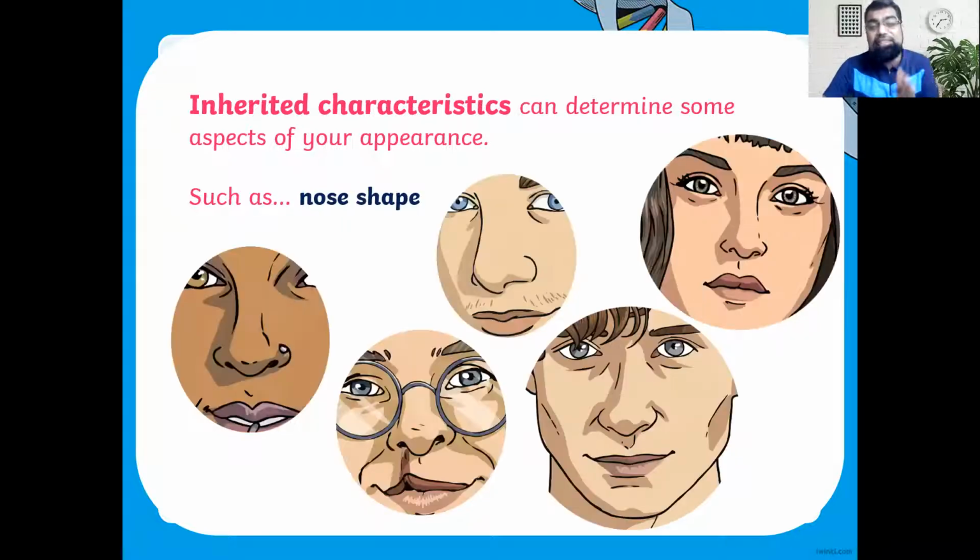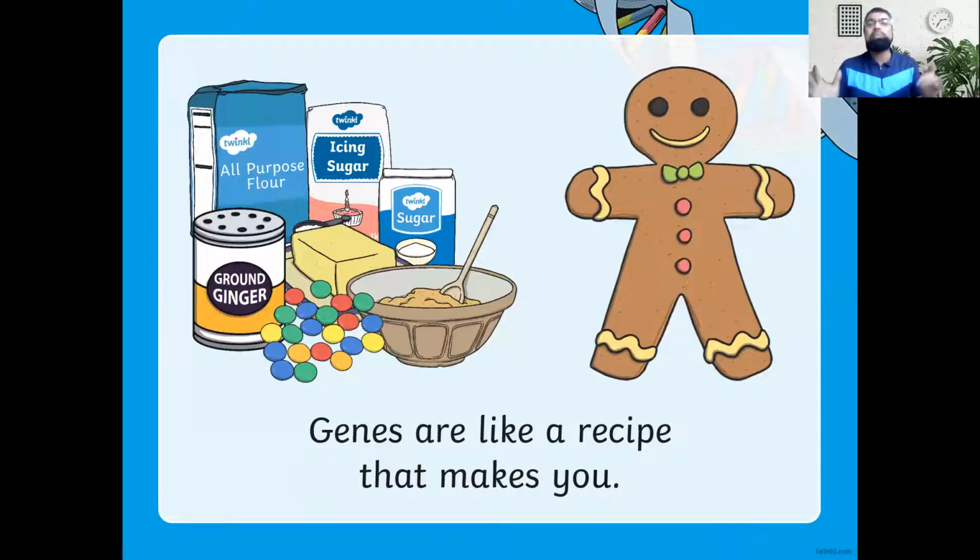In fact, everything about you, including your nose, which could be round, short, or flat. Don't get a nose job done right now, which is rhinoplasty, by the way. But the idea we are talking about is that this is what makes you.